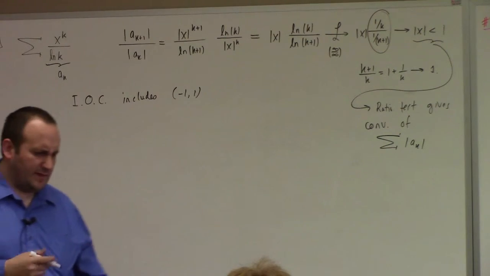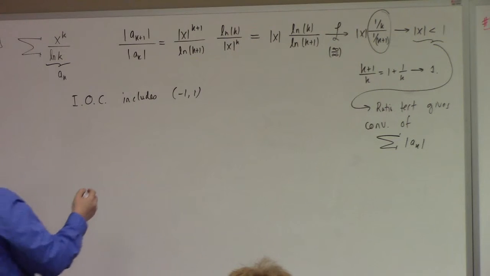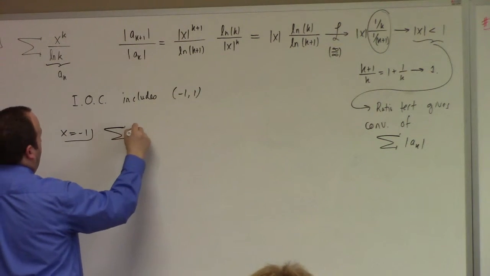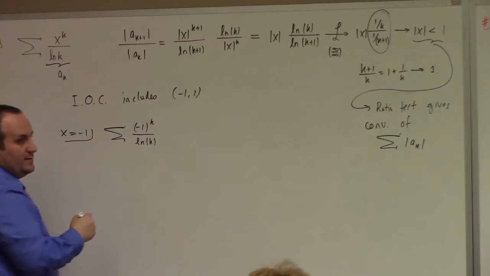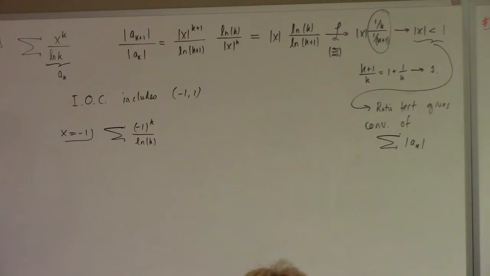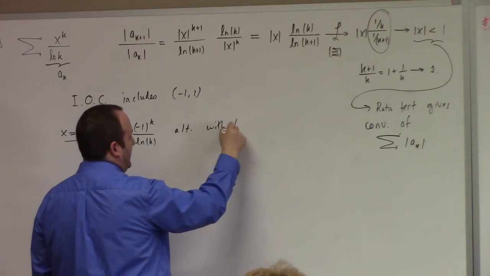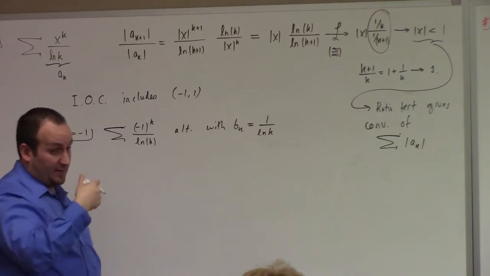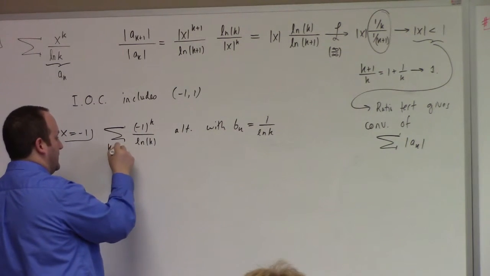And let's see here. I think we still have to check endpoints, right? So x equals minus 1. What do you get? Minus 1 to the power of k. Well, that, my friends, looks hopeful. That looks like an alternating series. I mean, it is an alternating series. And b sub k is 1 over log k. k has to start at 2 in this series, right?